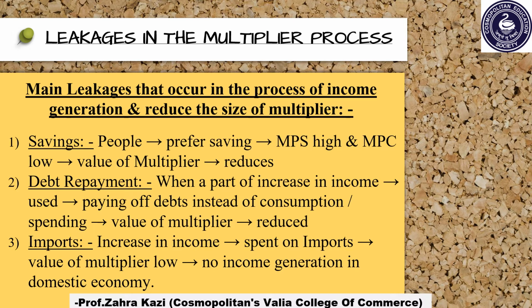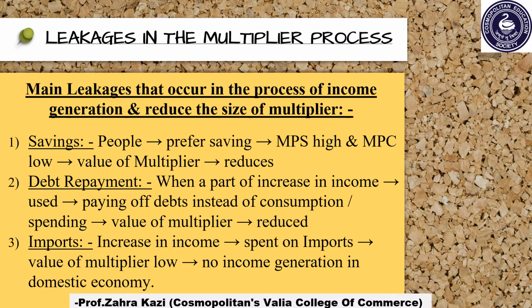Some part of income is also saved. Therefore, the higher the MPS in the economy, that is the higher the value of marginal propensity to save, the smaller will be the size of the multiplier. Similarly, the lower the MPS, the larger will be the size of the multiplier.